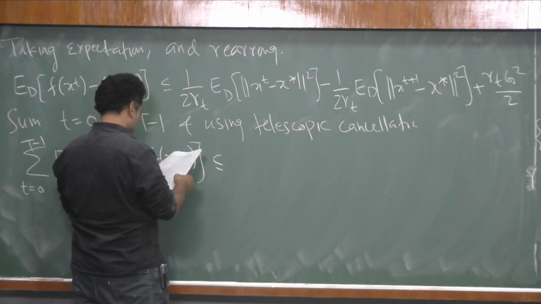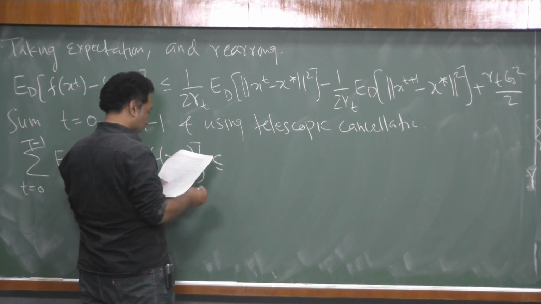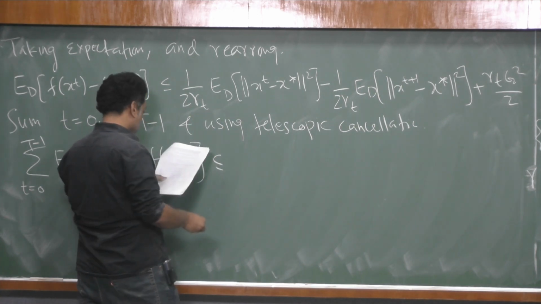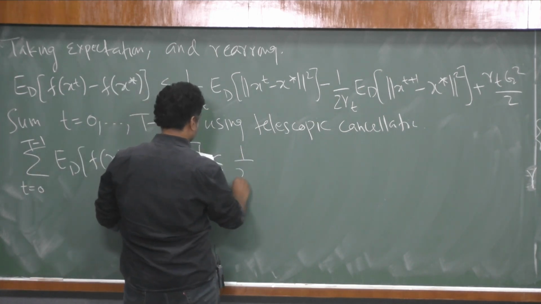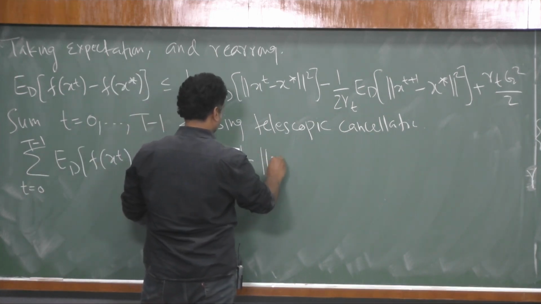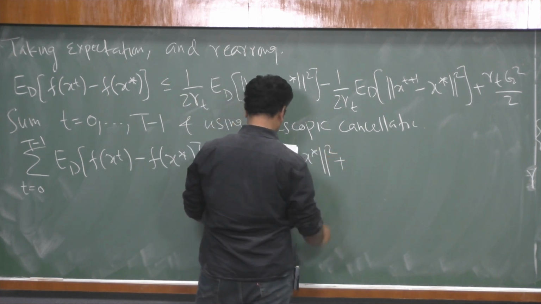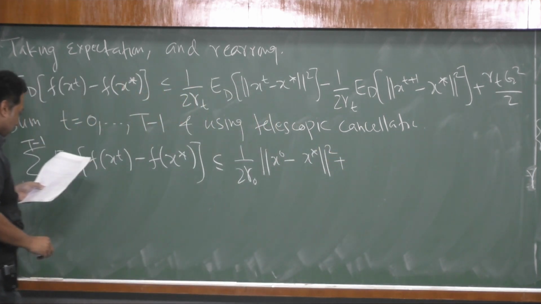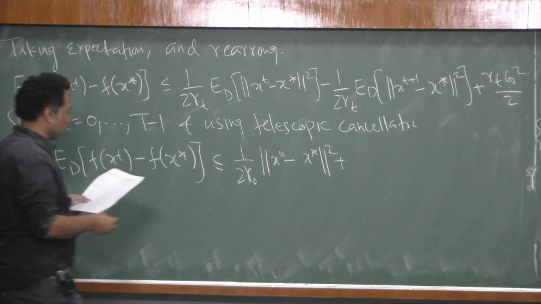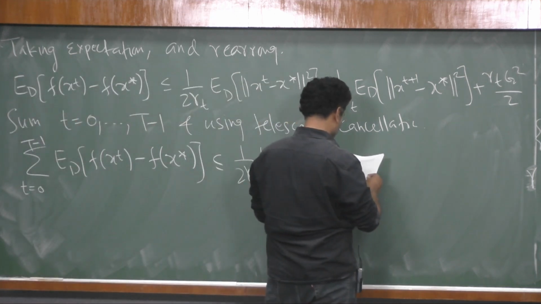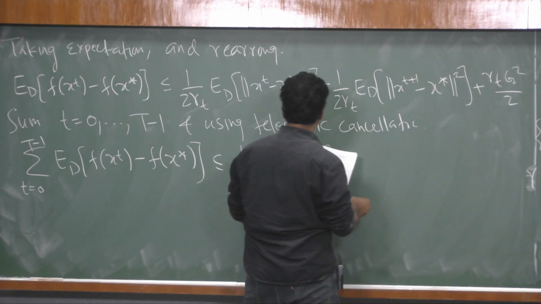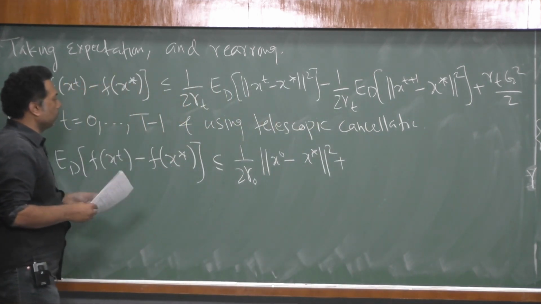So if we do that, then we can separate out the 0 term first. So this is 1 by 2 gamma naught times norm of x naught minus x star squared, plus, and so we have taken out the first term, and the remaining terms we can write like this. The way we are doing this is as follows.